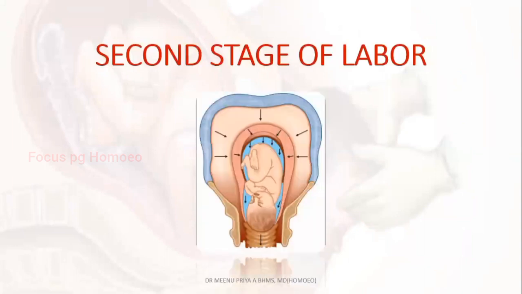Now coming back to the second stage of labor. The first stage is over. In the picture you can see some force happening on the fetus for the fetus to come down. This force, applied by the uterine muscles, the entire uterus, for the expulsion of the fetus, is the second stage of labor.